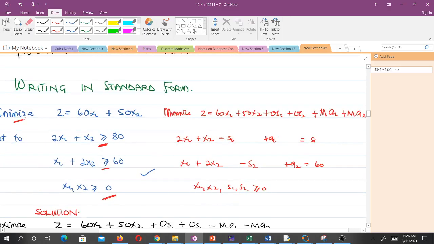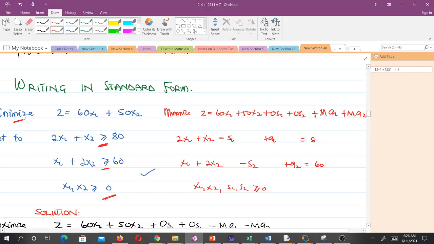Okay, so the reason why we add the artificial variables a1 and a2 is that before we can use our big M method or the simplex method, we always need to get bases. The bases are defined as variables which occur just once in the equation, and they have a plus one coefficient.